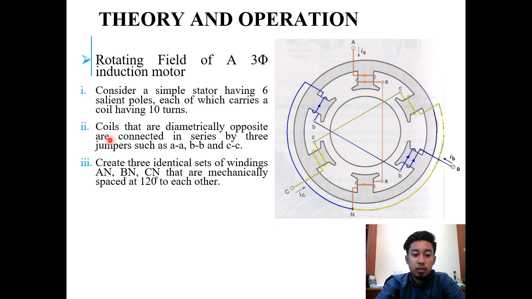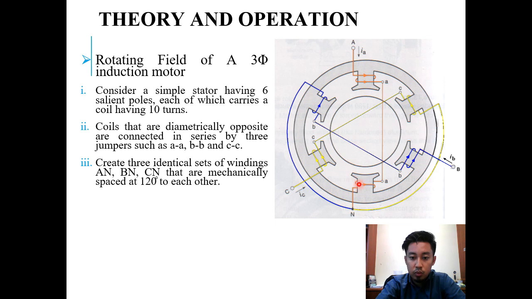The coils that are diametrically opposite are connected in series by jumpers, such as A to A here. You can see the connection is opposite.